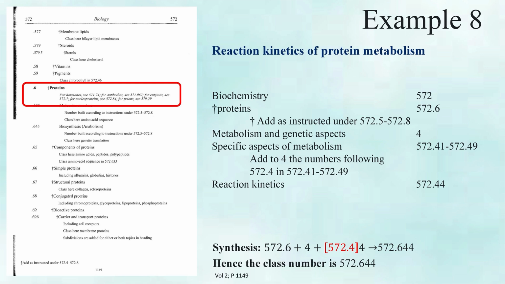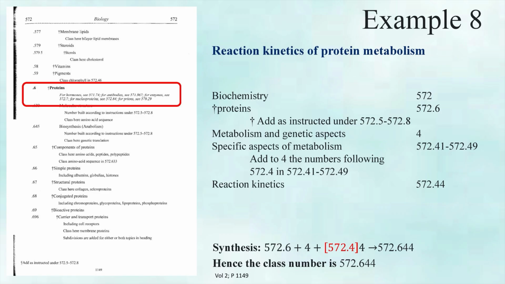There is an instruction to add as instructed under 572.5 to 572.8. There is an extended subdivision, and there we find metabolism and genetic aspect in 4. According to the instruction, the specific aspect of metabolism is in 572.41 to 572.49, and we add to the number 4 the number following 572.4 in 572.41 to 49.